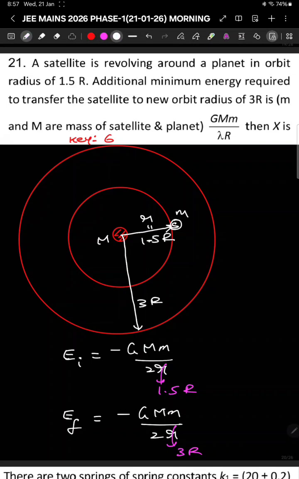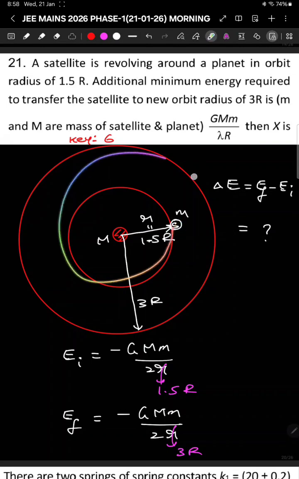So E final minus E initial will give the required energy to shift the satellite from the first orbit to the second orbit. Just find the initial and final, substitute, and the difference of energy is your answer.